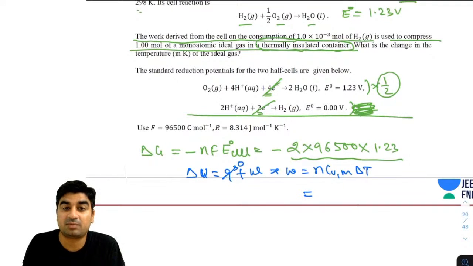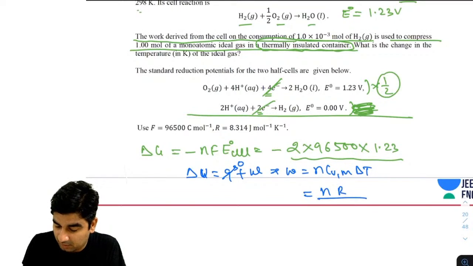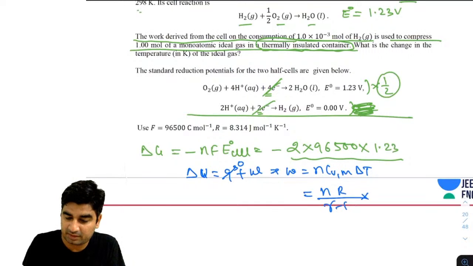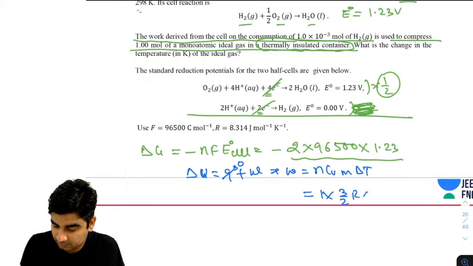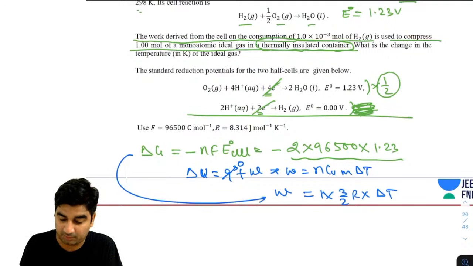So what is n Cv,m for a monoatomic gas, guys? nR over gamma minus 1. Or you can directly say, for monoatomic, Cv,m would be 3 by 2 R. So I can directly take 1 into 3 by 2 R into delta T, and the work done you can calculate from here.